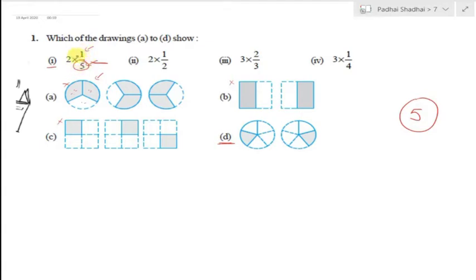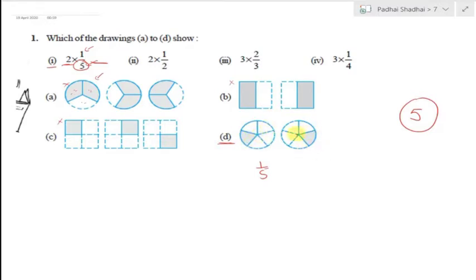So it is 2 multiplied by 1 by 5. 1, 2, 3, 4, 5 parts, out of that 1 is shaded, so it is 1 by 5. And there are 2 figures, beta, so it is represented by 2 into 1 by 5.